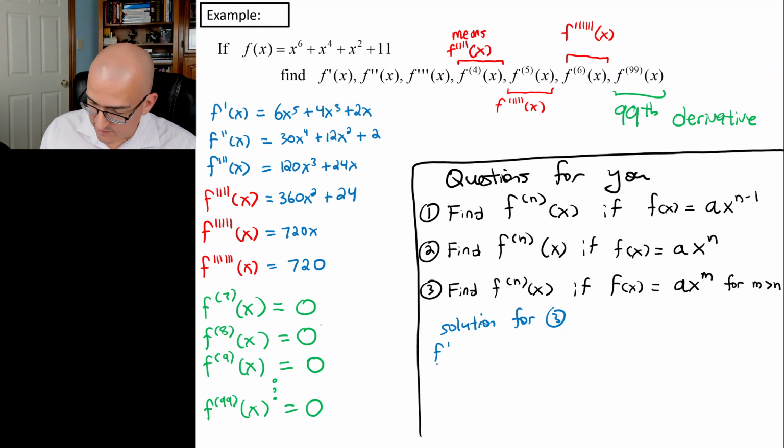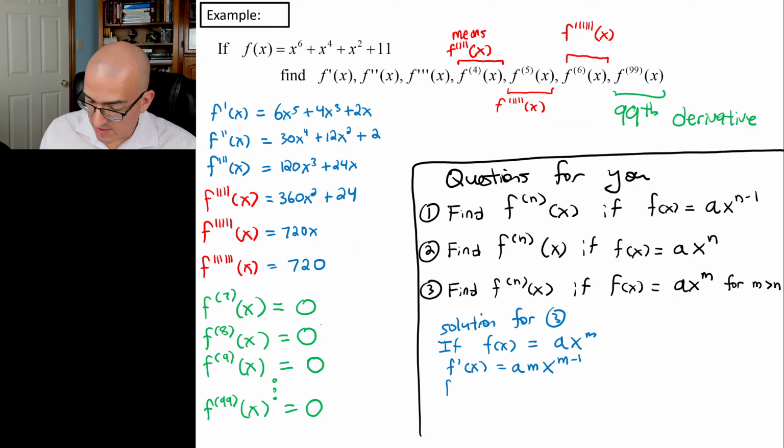So the first derivative: f of x is a times x to the m, and f prime of x is, the m will come down, so a m x to the power of m minus 1.